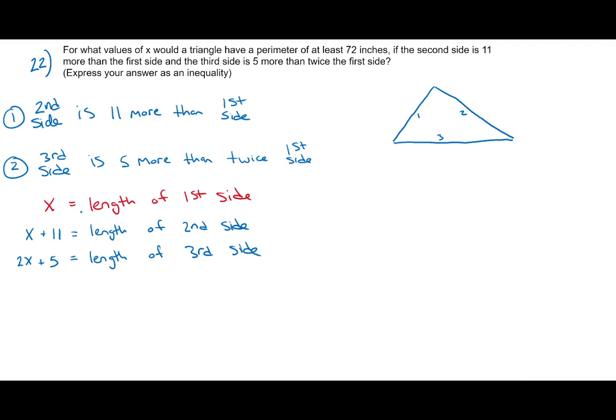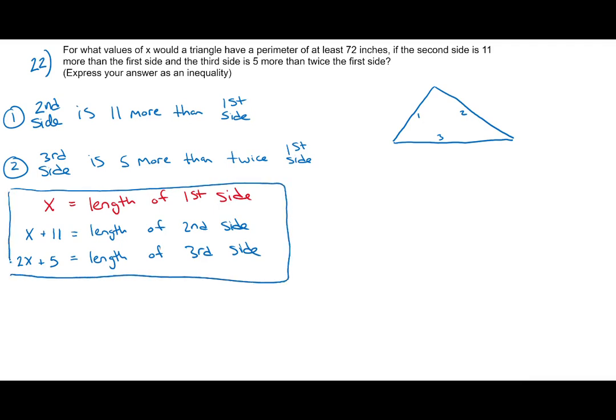So now we've represented each of the 3 sides symbolically. Now this is important, and this is maybe the hardest part of the problem. All right, so now we could label our triangle x, x plus 11, and 2x plus 5.